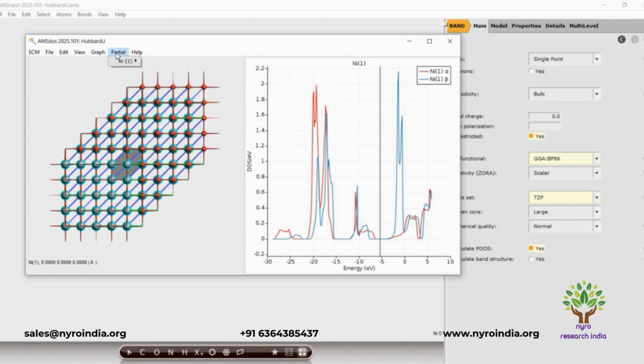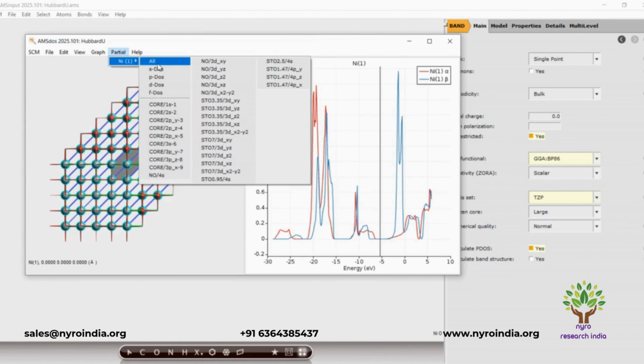And just see, this is the thing I have just mentioned about d orbitals, f orbitals, and the correlation diagram.